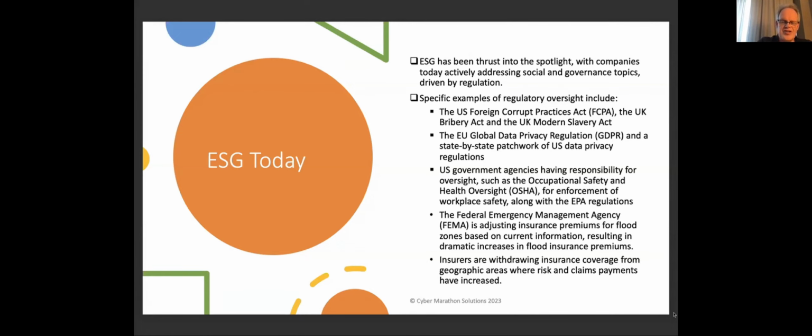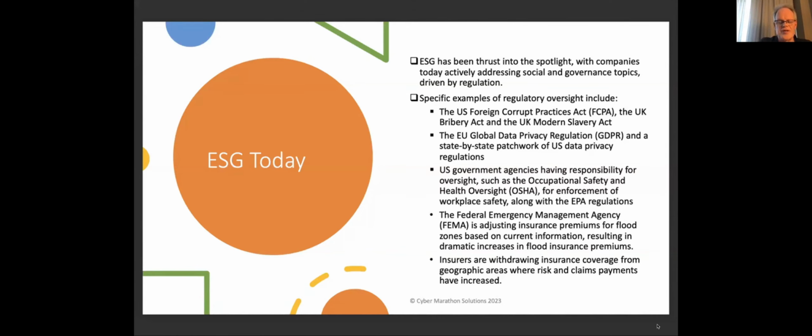US government agencies on the social side, the Occupational Safety and Health Administration, OSHA regulations, along with EPA regulations, impact this area. I talked already about FEMA and how they've adjusted the measurement of flood risk across the United States.